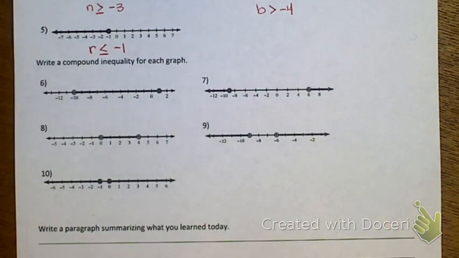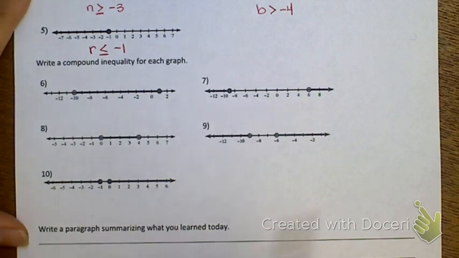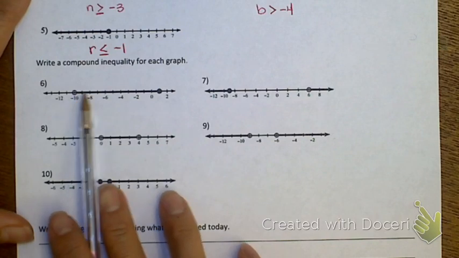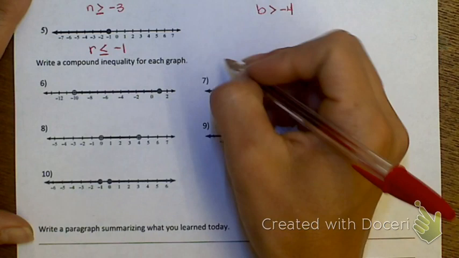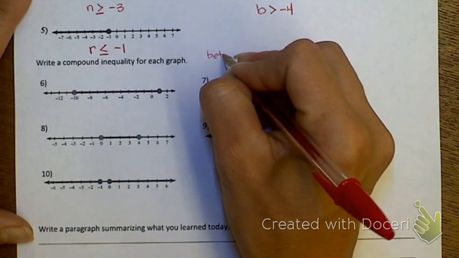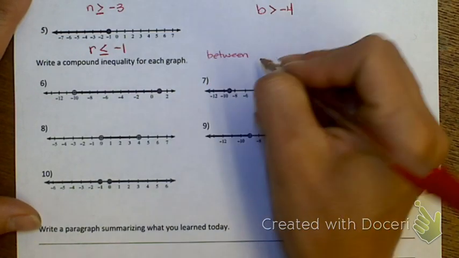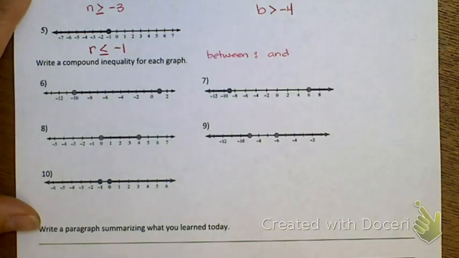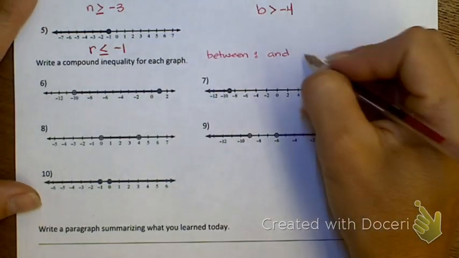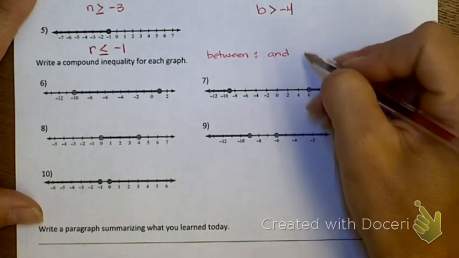You guys learned about compound inequalities yesterday, okay? So today when we're writing a compound inequality, if we have the shading between 2 points, that means it's going to be an and inequality, or we can also write it like this.